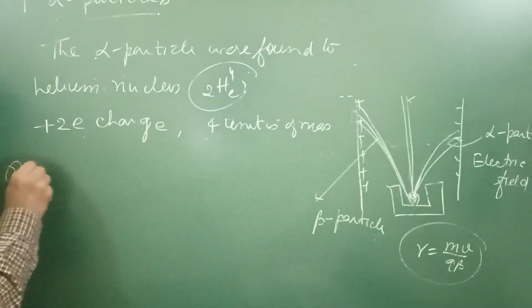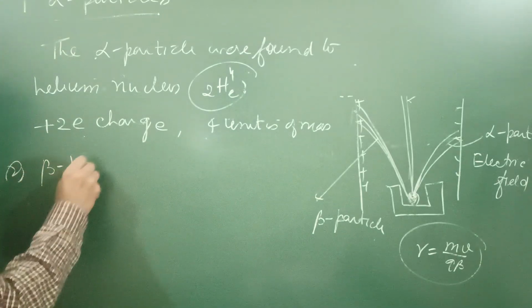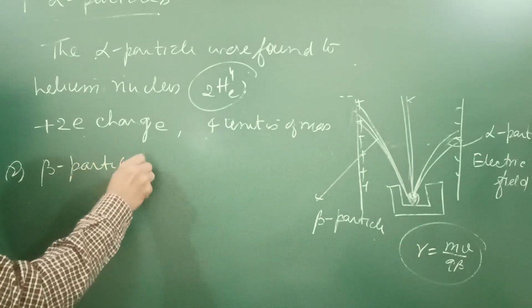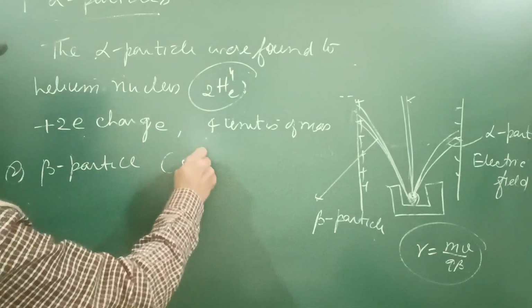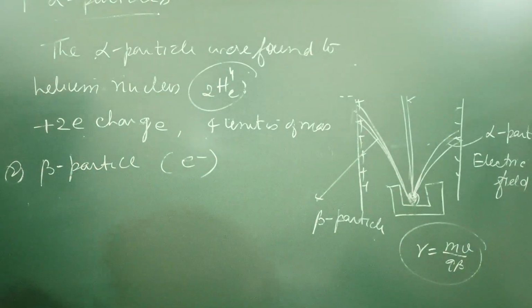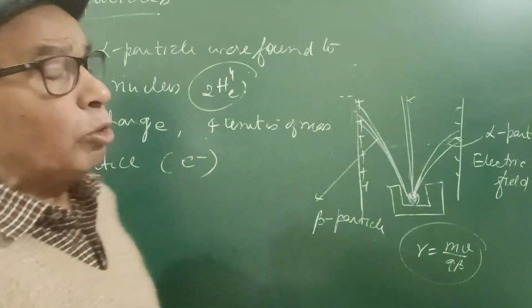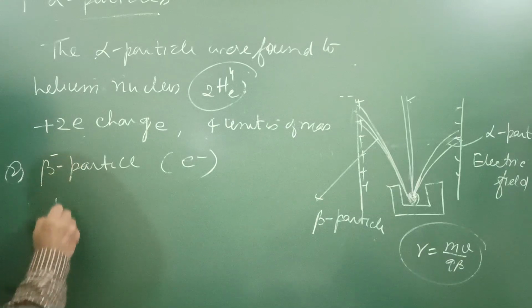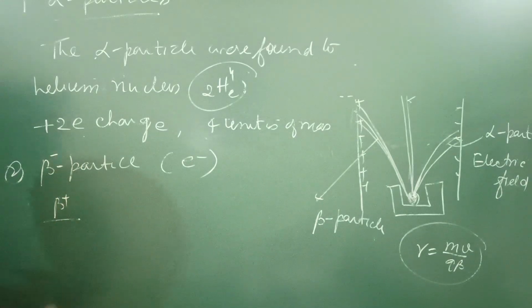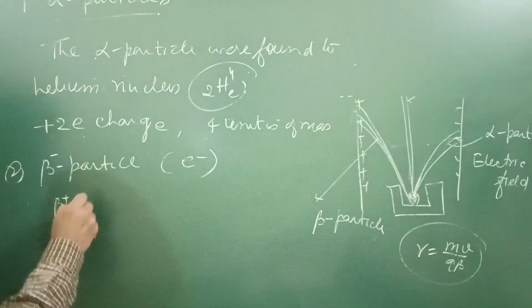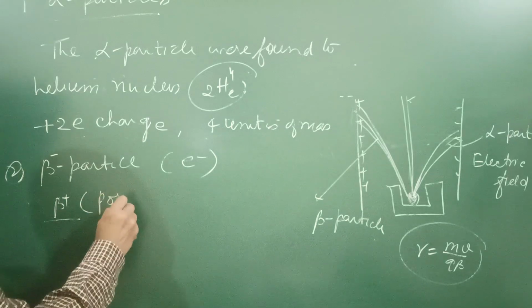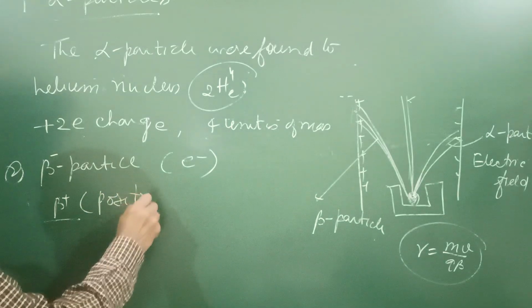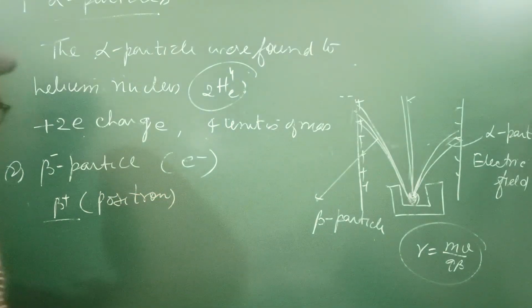Number 2, beta particles. Initially, beta particles were found to be electrons, but later on they were found to have positive charge also, and we write them as beta minus and beta plus. Beta plus particles are called positrons.